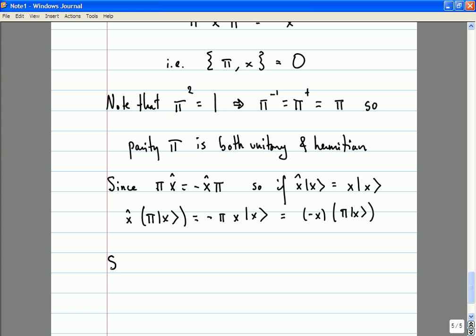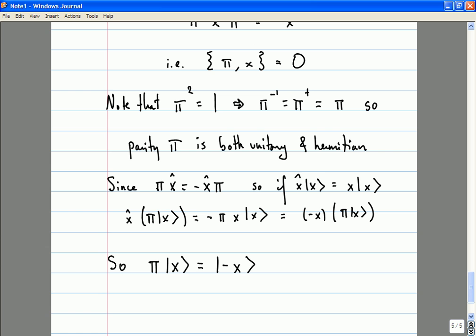So if you take a particle at position x, you act on it with the parity operator, and you get a particle at position minus x. Technically, I suppose it could be position minus x times a phase, but we're going to choose the definition, or the normalization, of the parity operator so that phase is equal to 1.